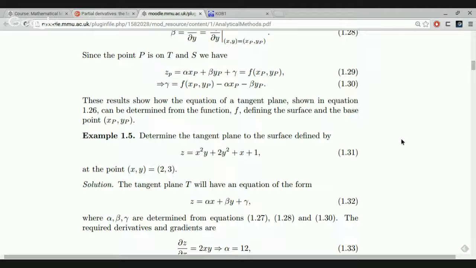Another way to remember it is to put a comment that this is the general form of a linear function of x and y. If somebody asks what the possibilities are for a linear function of x and y, it has to be of this form.